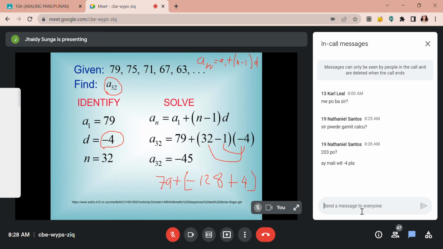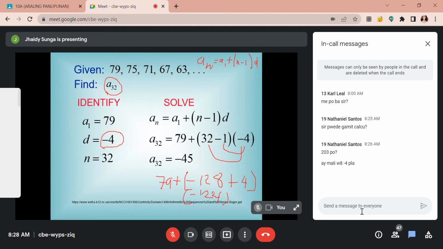If we add negative 128 to 4, it would be negative 124, right? Then after that, what's your answer? Negative 4. All right, it's fine.